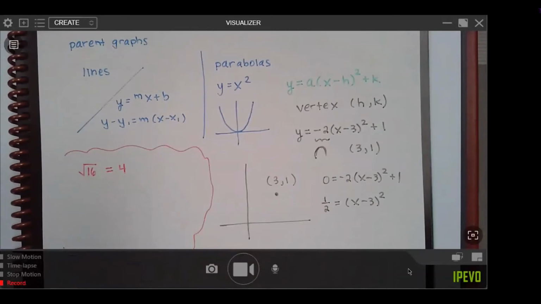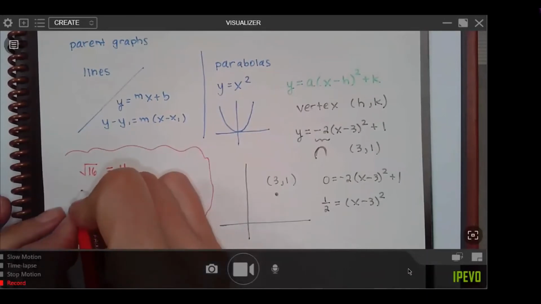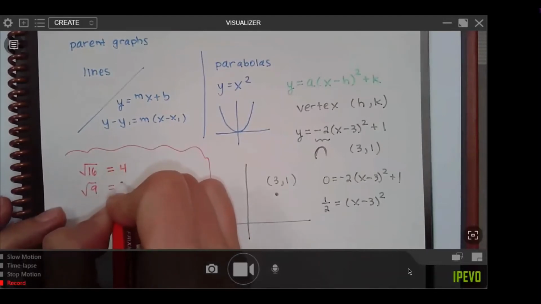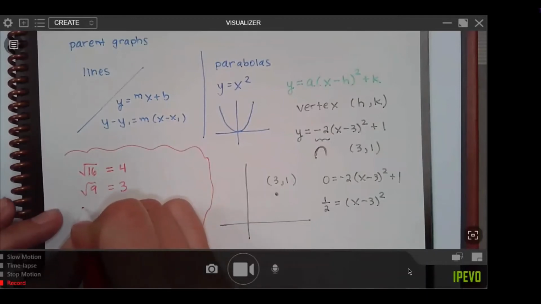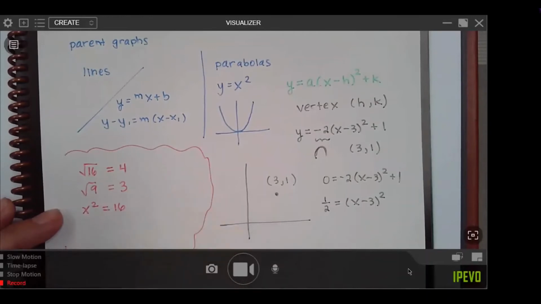And the convention that they decided on was when we take a square root, the result of that square root is going to be a positive number. The square root of 9 is 3. However, if what I'm being asked to do is solve something that looked like x squared is equal to 16, the solutions to this equation include both positive 4 and negative 4.